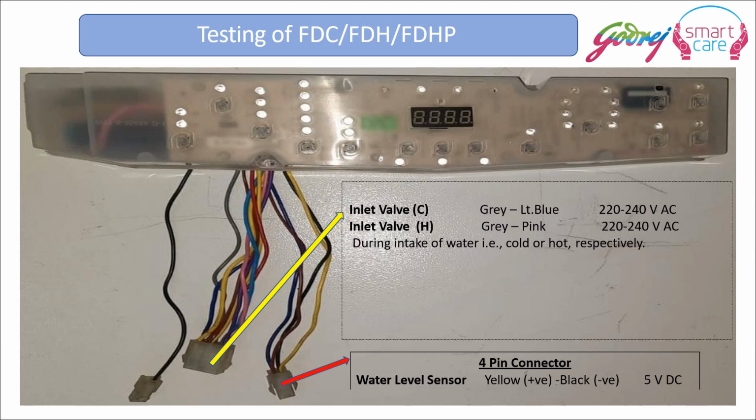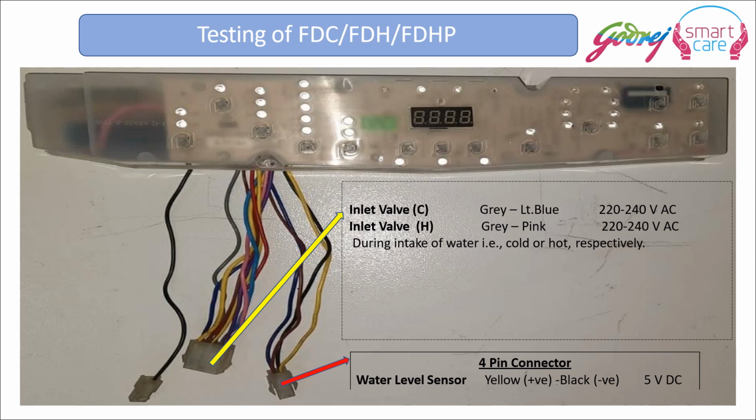In case of FDC, FDH and FDHP old models, the intake valve has gray and blue connectors, 220 volt AC. In case of cold water, and in case of hot, we get gray and pink wires, 220 to 240 volt AC during intake of water, that is cold or hot respectively.